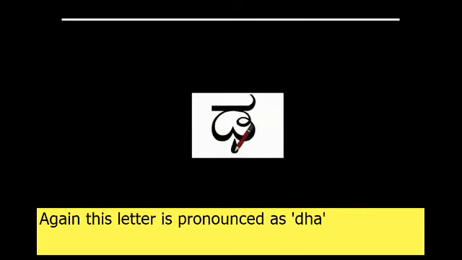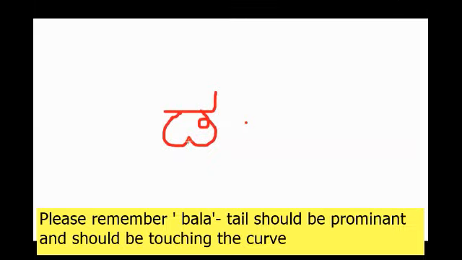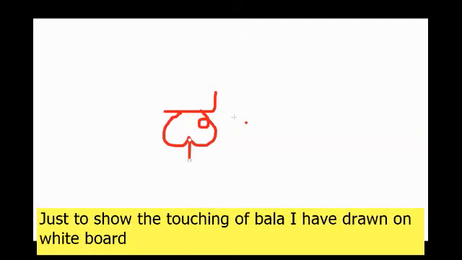This is pronounced as D. Please remember, bala should be prominent and it should be touching this curve. Just to show that it is touching, I have drawn on the whiteboard.